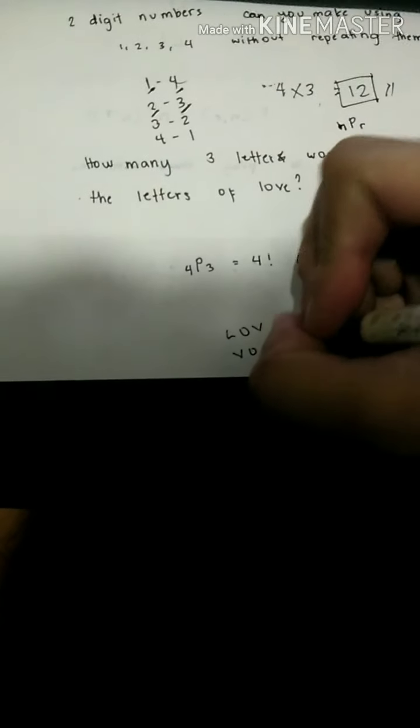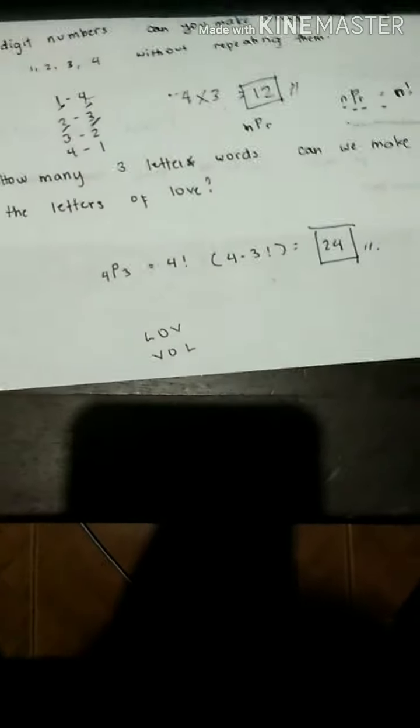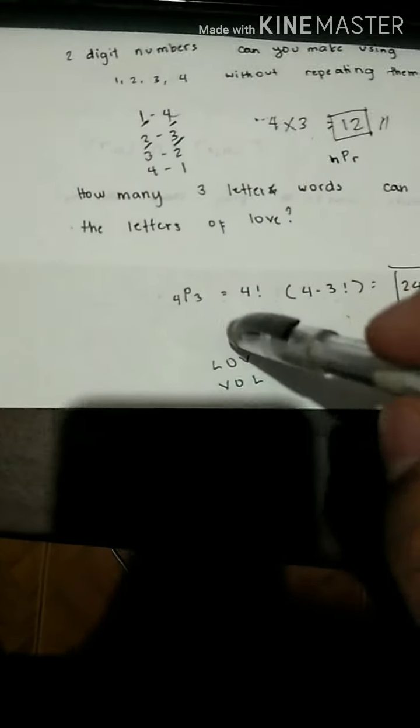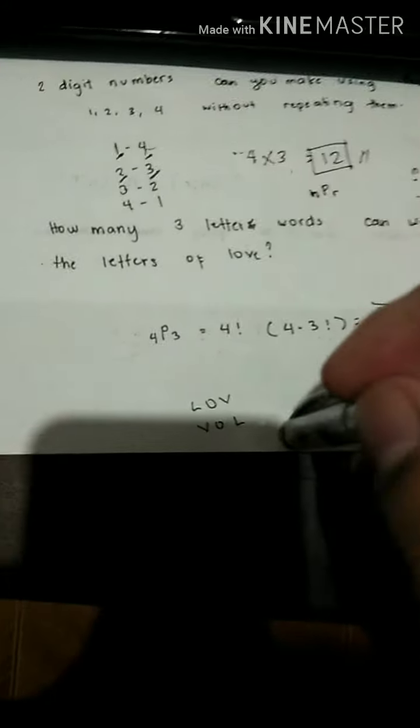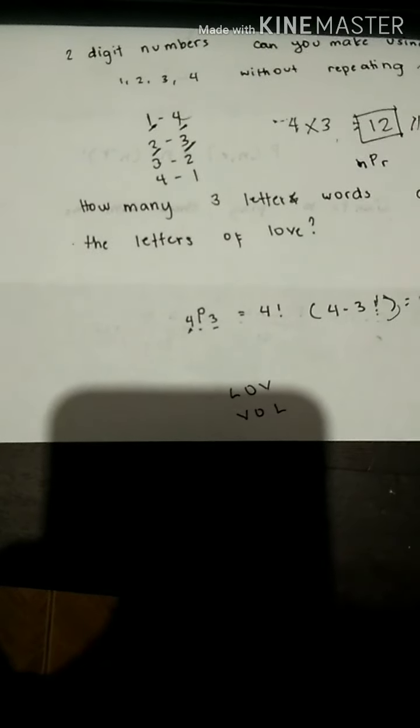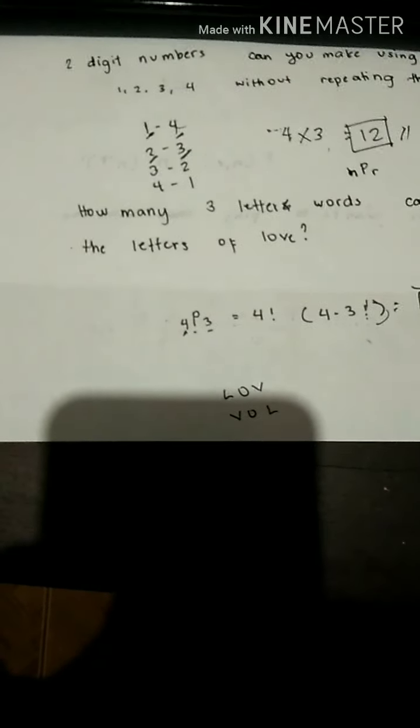Order is very important since LOV and VOL are different words because of the order of the same letters L, O, and V. Hence, it is a permutation problem. The number of words is given by 4P3, which is equal to 24.